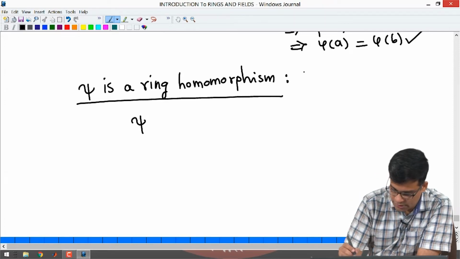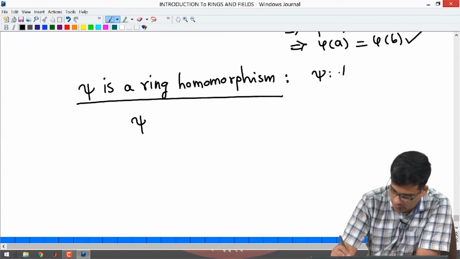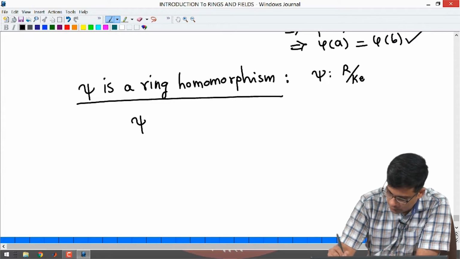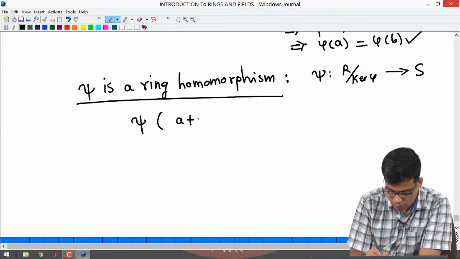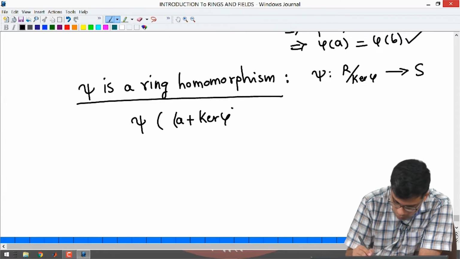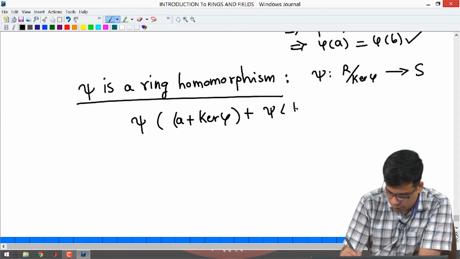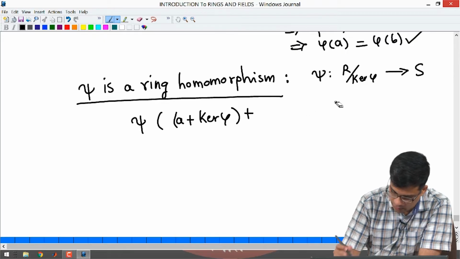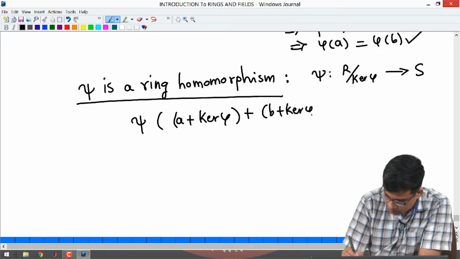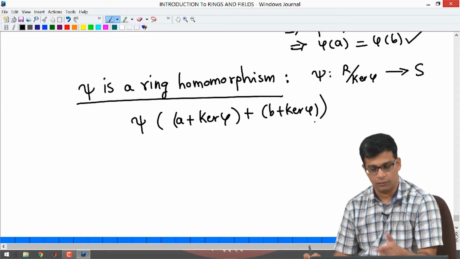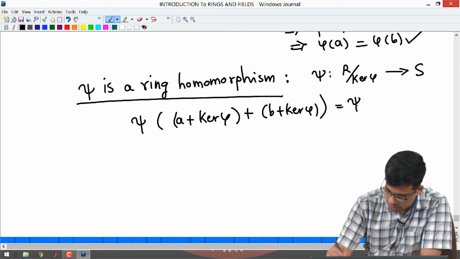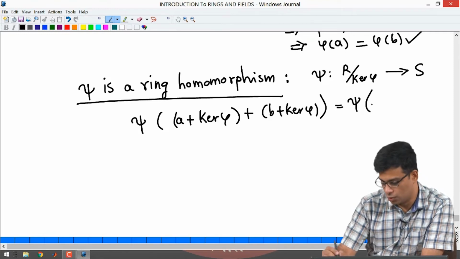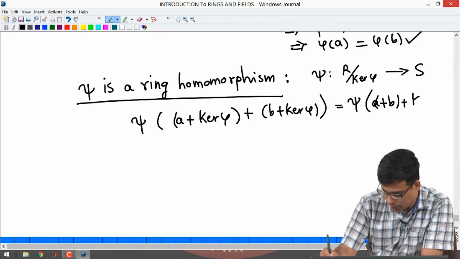So, remember psi is a function from R mod kernel phi to S. We want to check that psi of (A plus kernel phi) plus (B plus kernel phi) equals psi of A plus kernel phi plus psi of B plus kernel phi. So, take two arbitrary elements of the quotient ring, take their sum and apply psi. This is equal to psi of A plus B plus kernel phi, because the addition in the quotient ring is simply A plus B plus kernel phi.